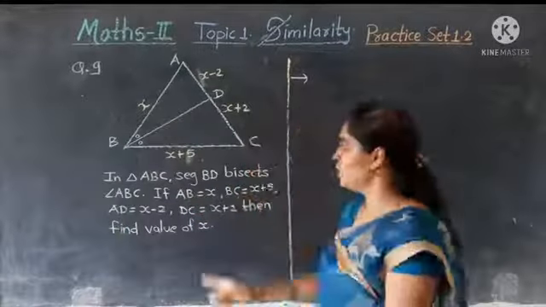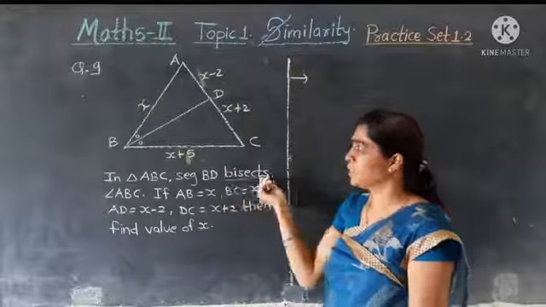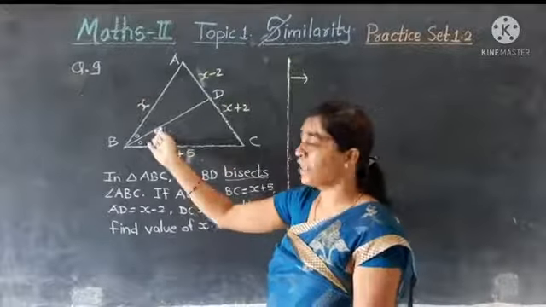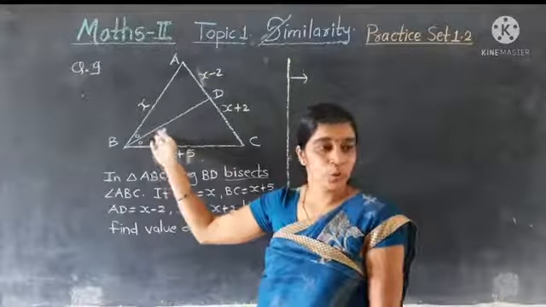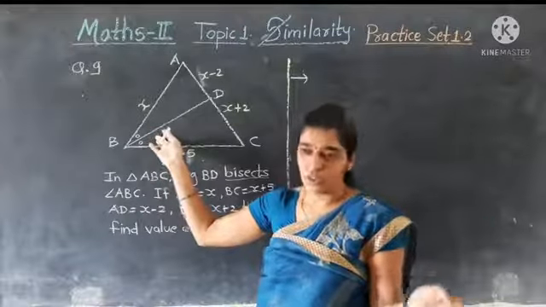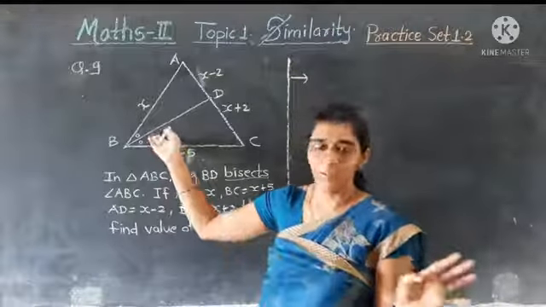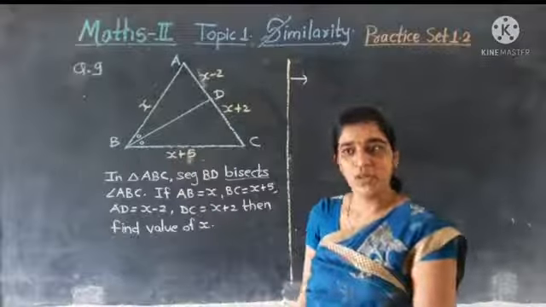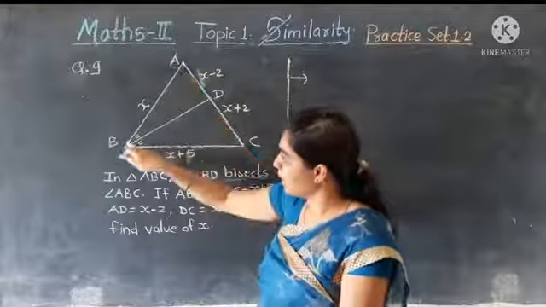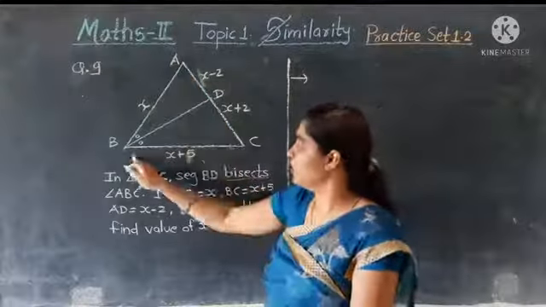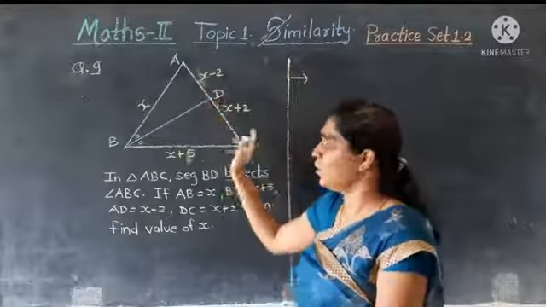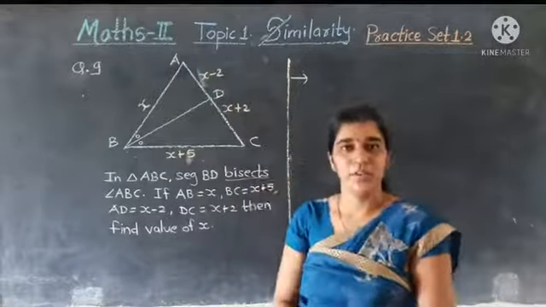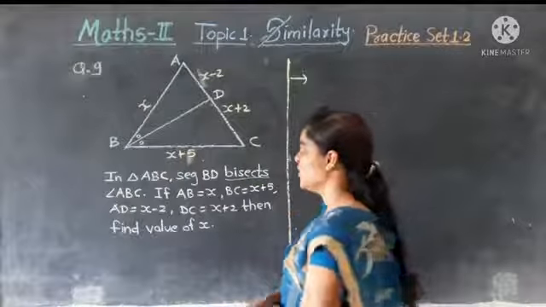Again students, see here the word is bisect. Bisector is there, angle bisector. So we use which property? We use angle bisector property. So from angle bisector property we can write AB upon CB is equal to AD upon DC. In this way you can write. So let's start.